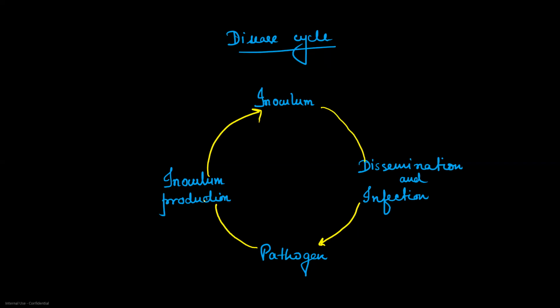Plant disease epidemics are cyclical phenomena, that is, they consist of repeated cycles of pathogen development in relation to the host and environment. The inoculum gains entry into the host and establishes itself within the host tissue through the process of infection.